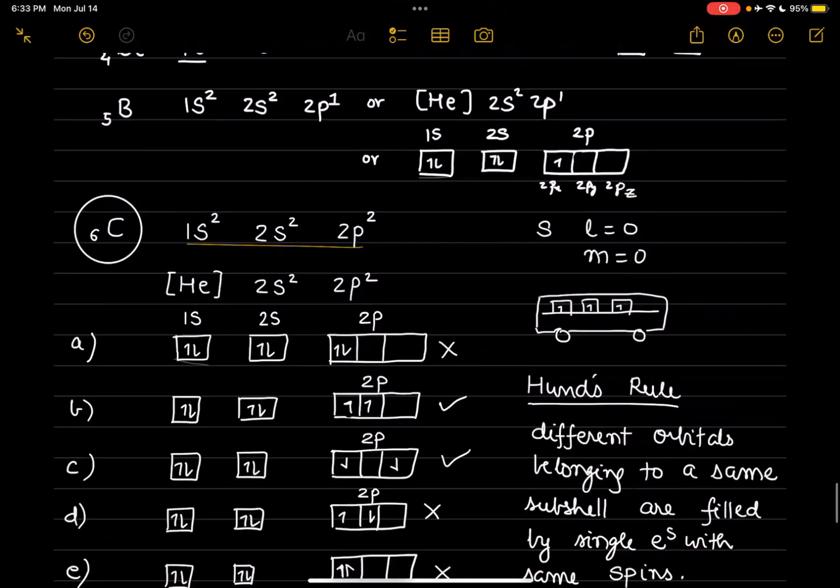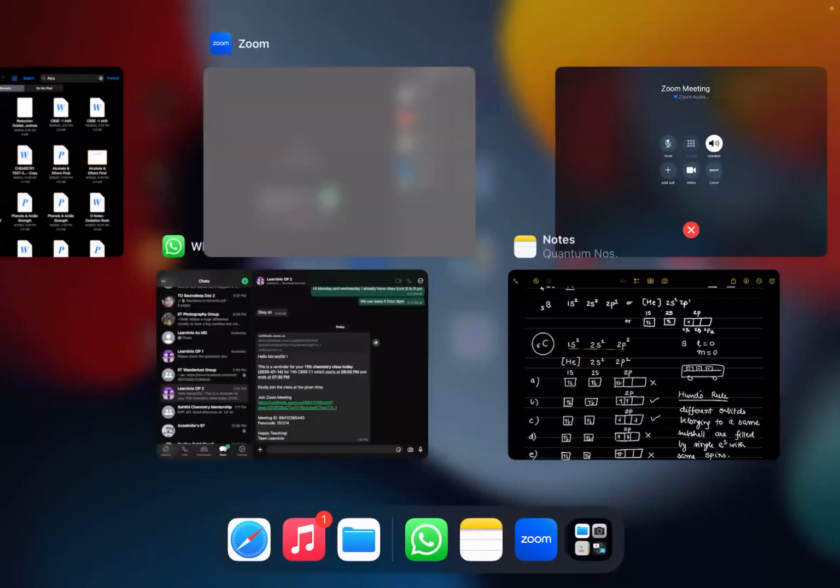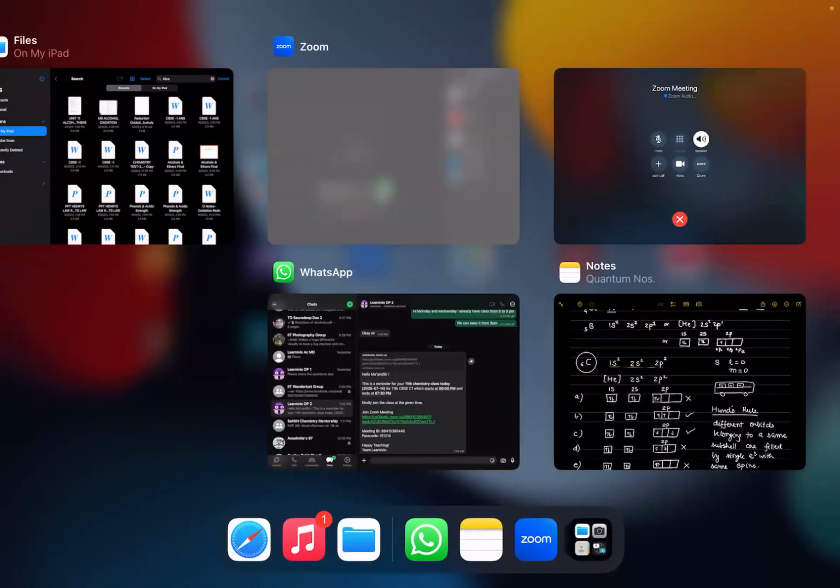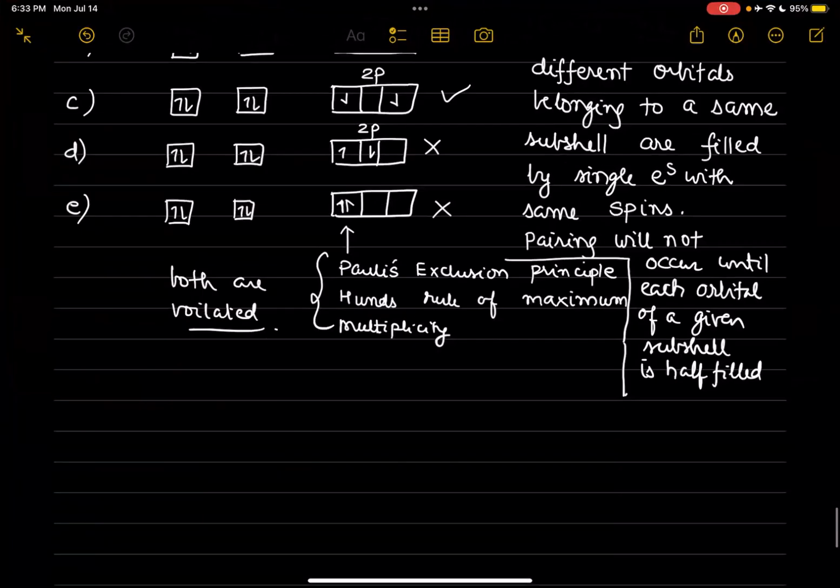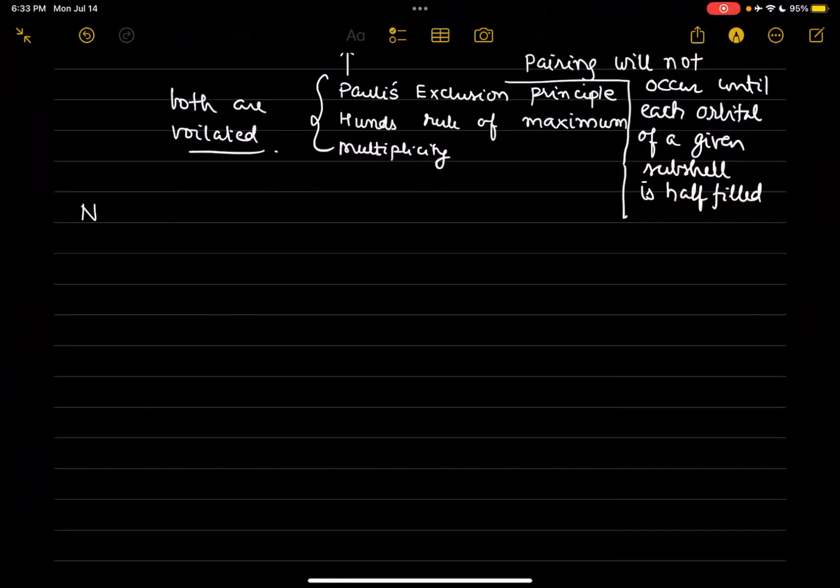Now we will move to the seventh element, that is nitrogen. I will write it directly. Oxygen, Maha, you will be helping me with oxygen.